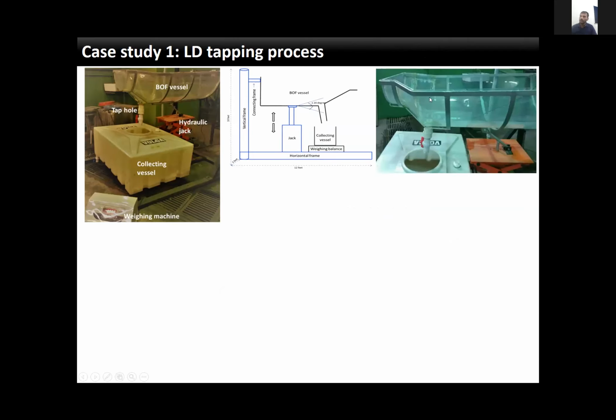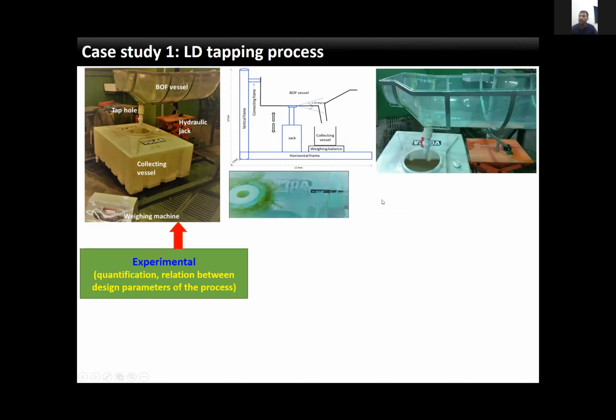A closer look at the BOF vessel is shown here, and you can see we kept a camera near the tap hole to monitor the phenomena happening in the vicinity of the tap hole. The vortex formation, whatever I am telling, was monitored using a waterproof camera. This is the experimental method we adopted to study how the tapping happens and how the vortex forms in the tapping process.